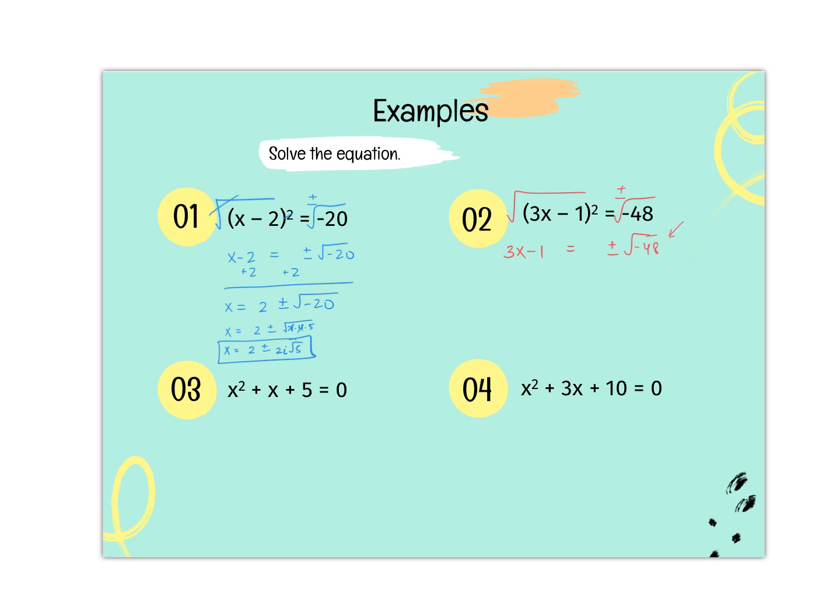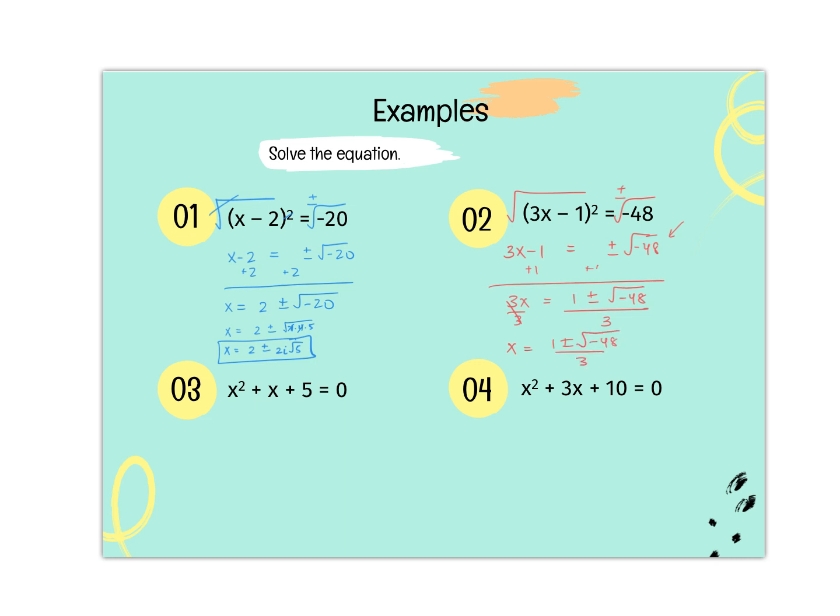Sometimes I like to simplify that last. Sometimes I do it first. So first thing I'm going to do is add 1 to both sides. So I've got 3x equals 1 plus or minus the square root of negative 48. And then I'm going to divide everything by 3. And I'm going to get that x equals 1 plus or minus the square root of negative 48 over 3.